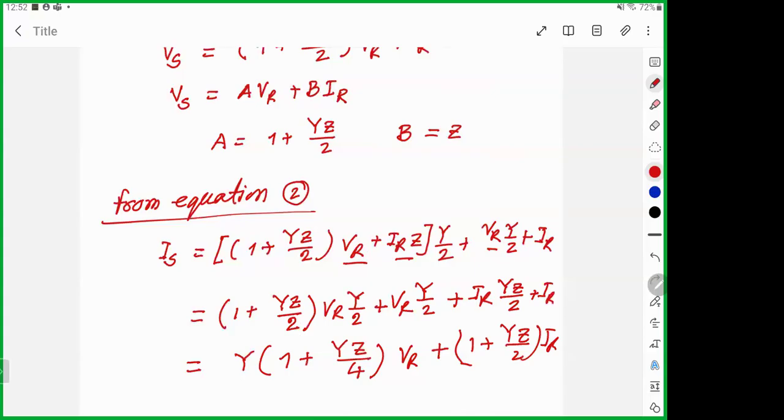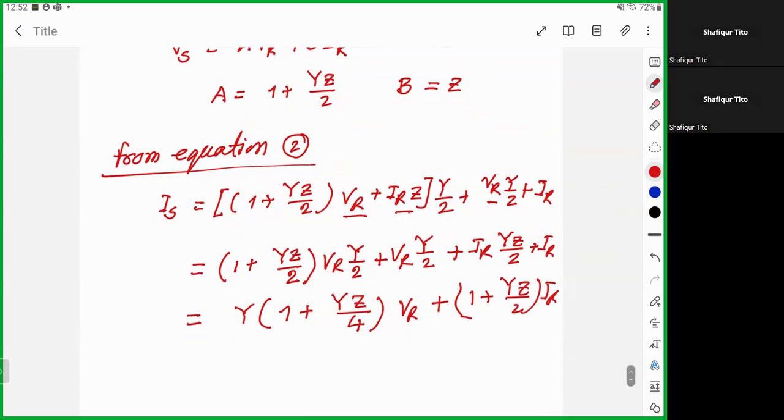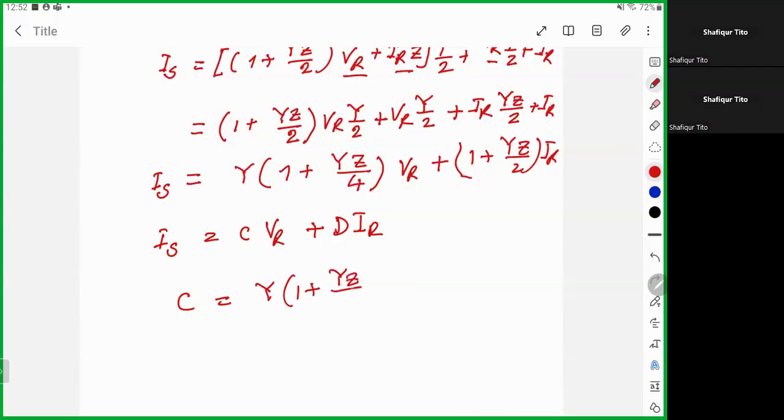I think this is correct. Yes. Now we can compare with CD. IS is equal to C VR plus D IR. So C would be equal to Y times 1 plus YZ by 4, and D would be equal to 1 plus YZ by 2.